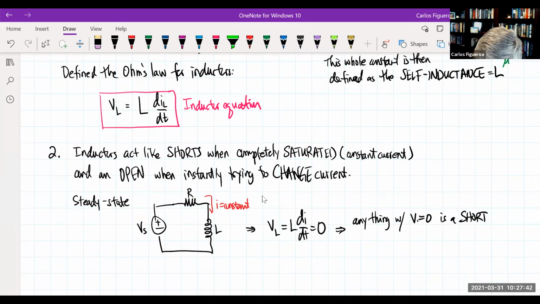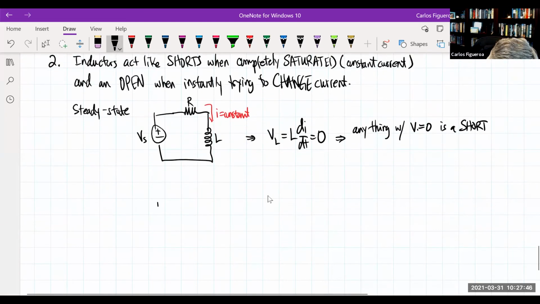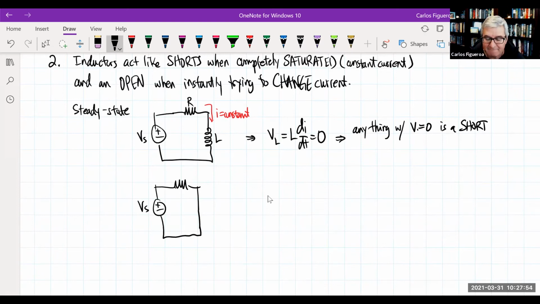So that means I could then go in and I can replace the inductor in the circuit with literally a short, because there's no voltage drop across this guy. So where the inductor is, I now have VL equal to 0.